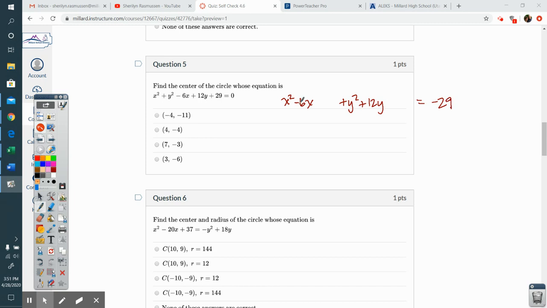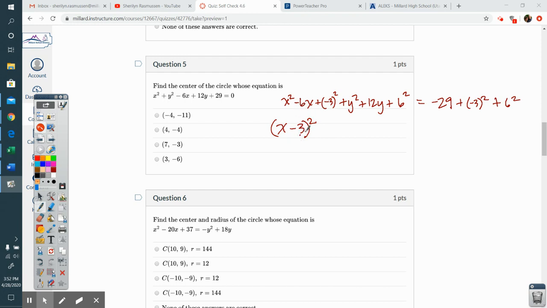Okay, half of negative 6. So you always add whatever that is squared. So half of negative 6 is negative 3, squared. Add it to both sides. Half of 12 is 6, squared. Okay, so this becomes (x, whatever that number is) squared, and your second number is there because you're taking half of this.